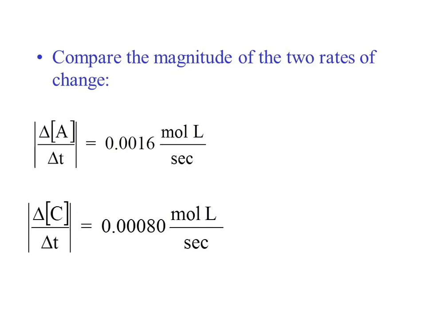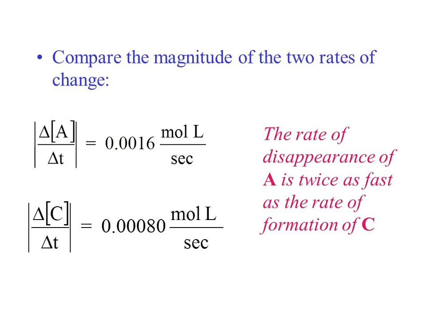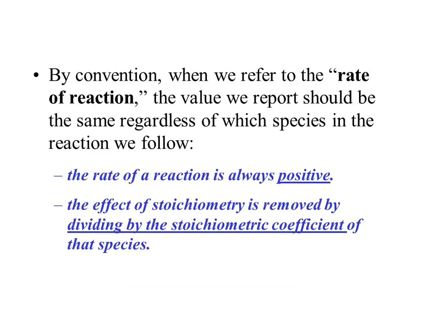So these differ by a factor of 2. Do you guys see that? Factor of 2. So here's what we do. The way you basically fix the effect of a stoichiometric coefficient is not only do you take the absolute value of the change in concentration of a reactant or a product, but also you divide by the stoichiometric coefficient.